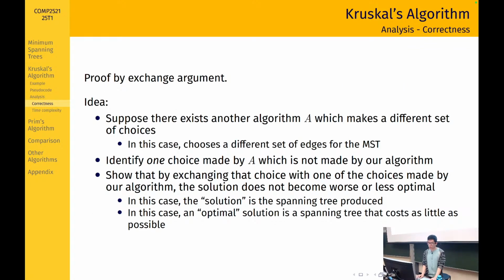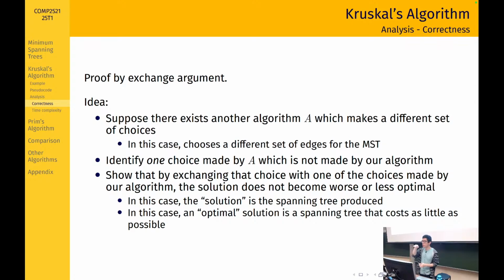Okay, so the idea of exchange argument is we're going to take our algorithm, Kruskal's algorithm, and we're going to take another algorithm which supposedly chooses a different set of edges, right? And then we're going to prove that by gradually swapping the edges that the other algorithm chooses with the edges that Kruskal's algorithm chooses, the cost of the minimum spanning tree, so the total weight of the edges, never increases, right?